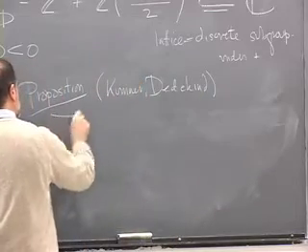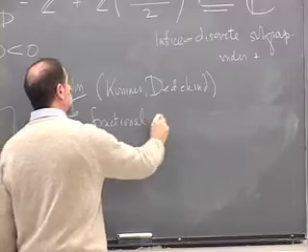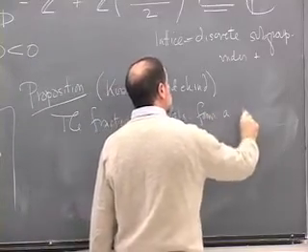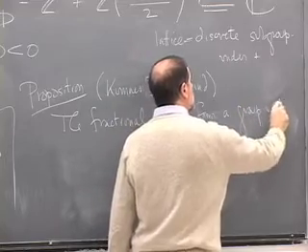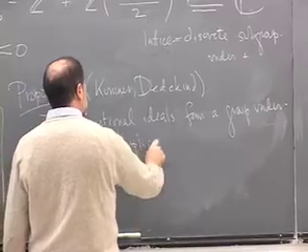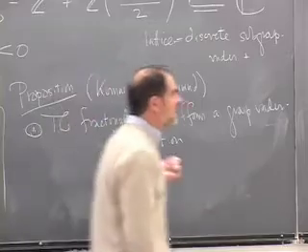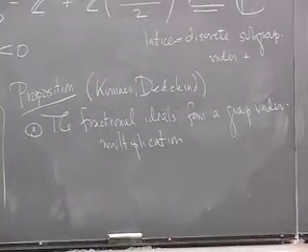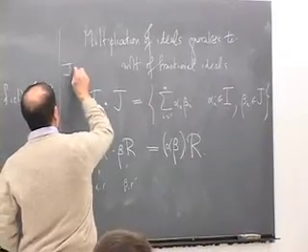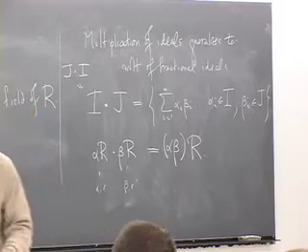The first statement: the fractional ideals form a group under multiplication. So what is the content of that? Well, it's pretty clear that this is a commutative operation. I times J is the same as J times I. It's also clear, since multiplication is associative, that it's an associative operation.